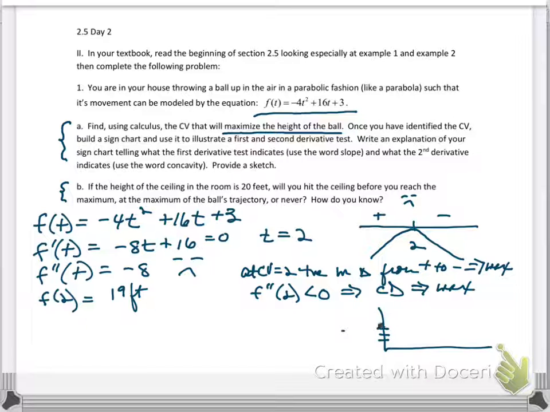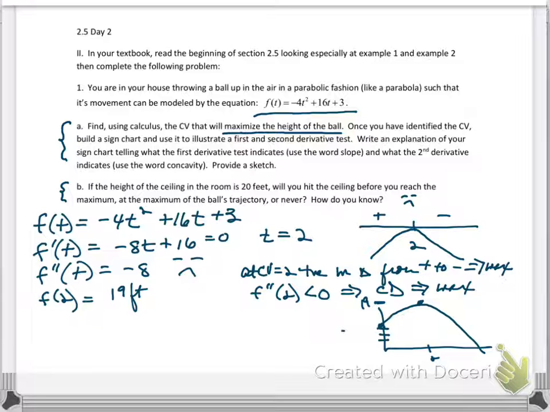Right here is going to be 3. It's going to go up and down, and here's the max at 2, and that's going to be 19. So anyway, I have a little sketch. So that's all good. Okay, so I think I've done everything in part A.